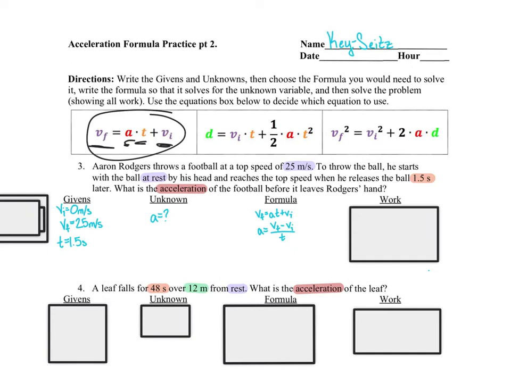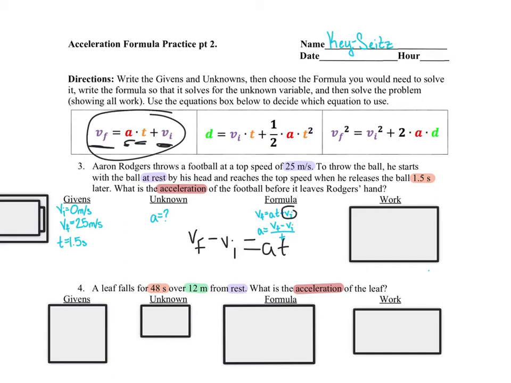Okay. So make sure when you're solving for acceleration here, you are showing as much work as you need to. So you can show just these 2 steps, or if you need to, you can write out the middle step where you have final velocity minus initial velocity equals acceleration times time.